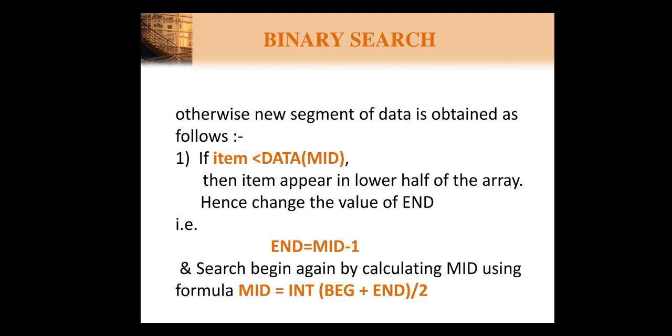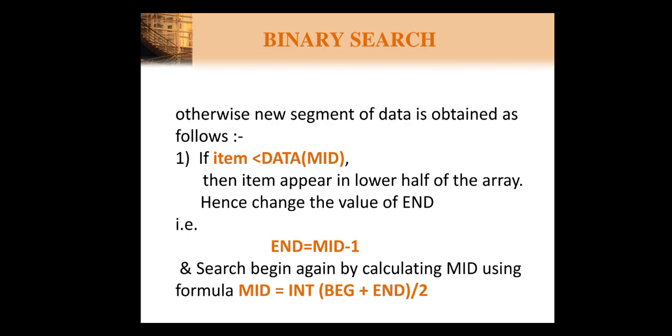Your array is divided into two parts, 1 and 2. Here we are saying if atom is less than data of mid, then atom appears in the lower half of the array, because the data is in sorted order. So obviously if atom is smaller than the mid, it is present in the lower half of the array.